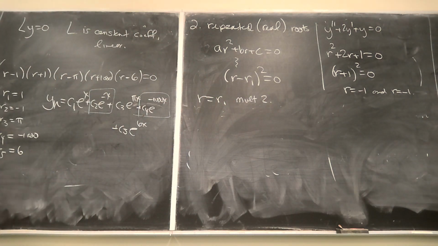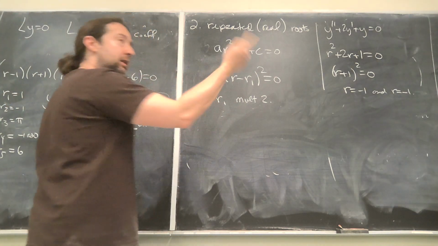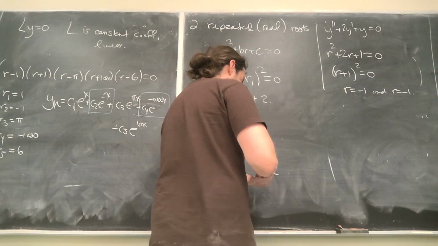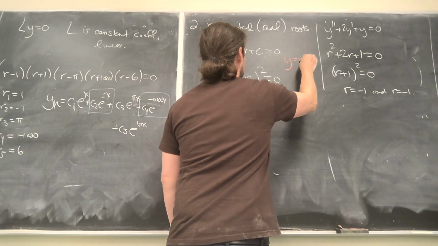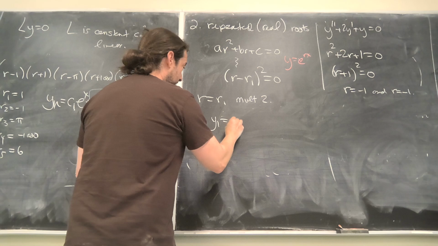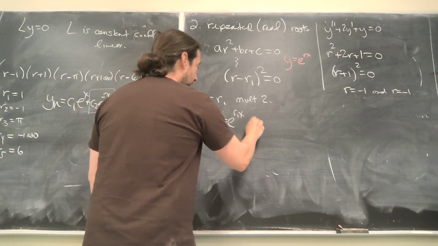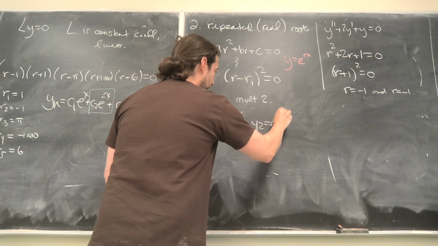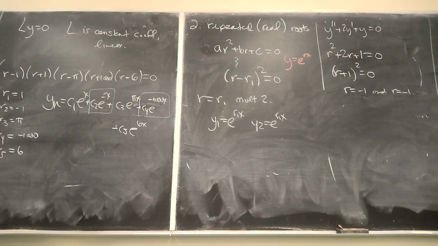What you would love to be able to say, if you were following the first case, is: I made the assumption that my solution looked like y equals e to the rx, and so this must mean that y1 is e to the r1x, and also y2 is e to the r1x, because that's what you would do in the distinct case.